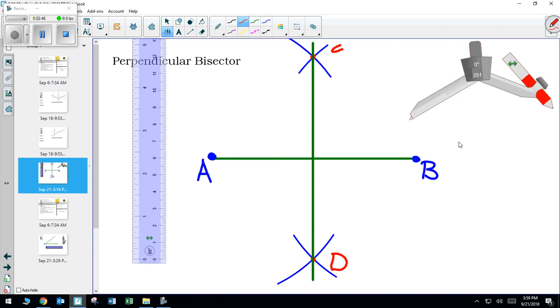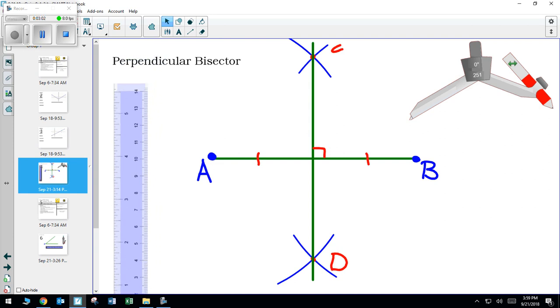So perpendicular because it meets at a 90-degree angle, and a bisector because these are the same length segments. And that's our first construction.